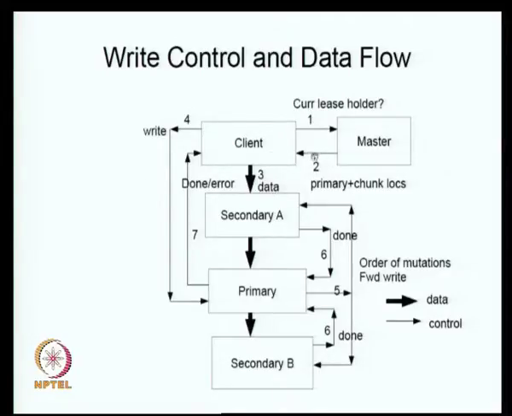As soon as you get the information from the master about the primary and chunk locations, the client can push data to those replica chunk servers directly without waiting for a particular ordering. Because these are large chunks, 64 megabytes, the idea is to push it to the replicas as quickly as possible.